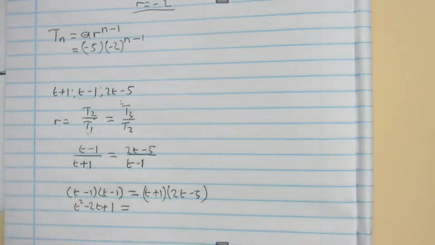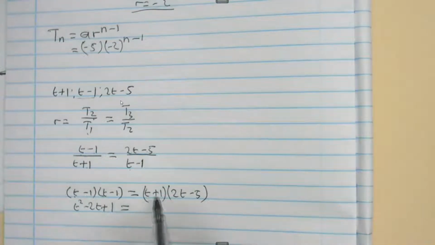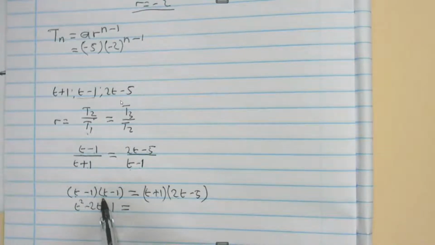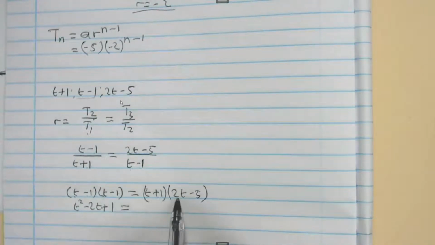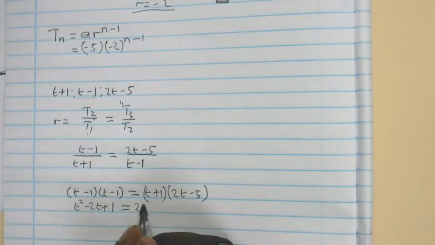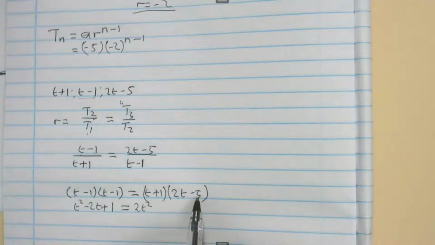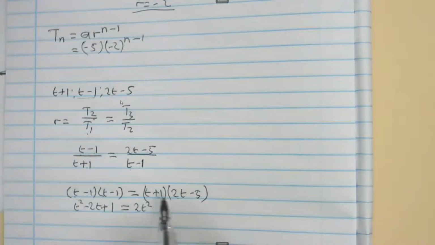This is equal to t plus 1 multiplied by 2t minus 5. Again, we repeat the same process that we did here. T multiplied by 2t, we are going to have 2t squared. And then t multiplied by -5 gives us negative 5t. 1 multiplied by 2t would give us 2t.